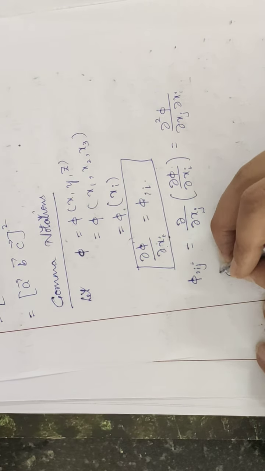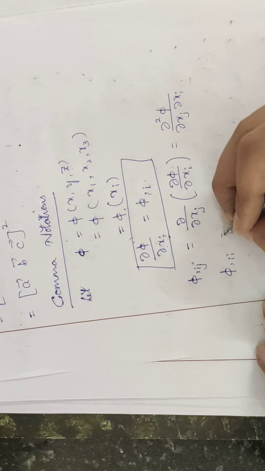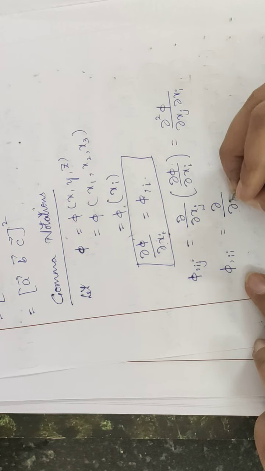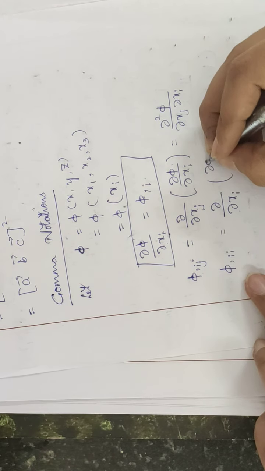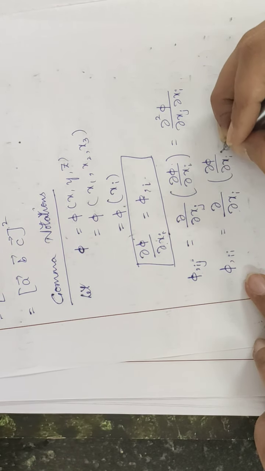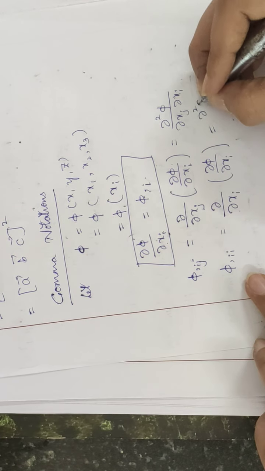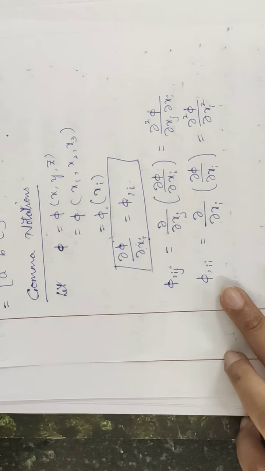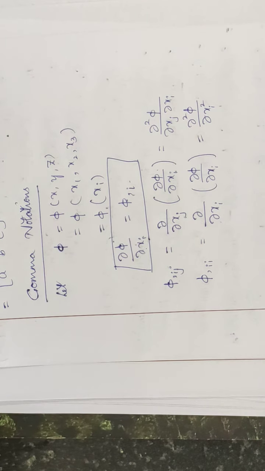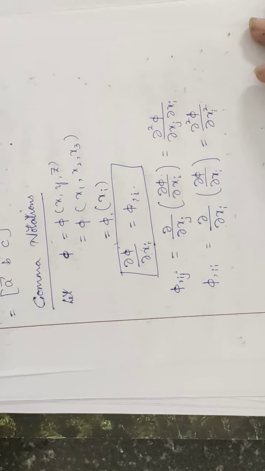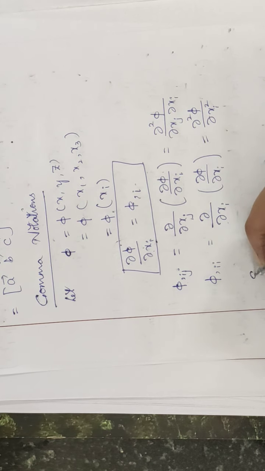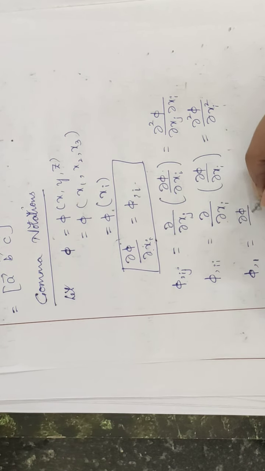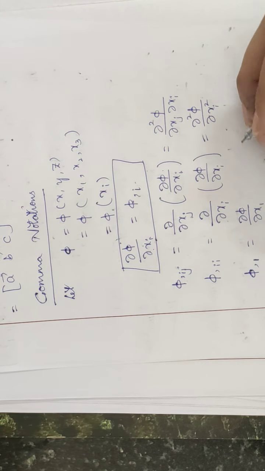Similarly, what is phi comma ii? First write it as dou by dou xi into dou phi by dou xi, which is nothing but dou square phi by dou xi square. Right? So this is about comma notation. For example, phi comma 1 is nothing but dou phi by dou x1.